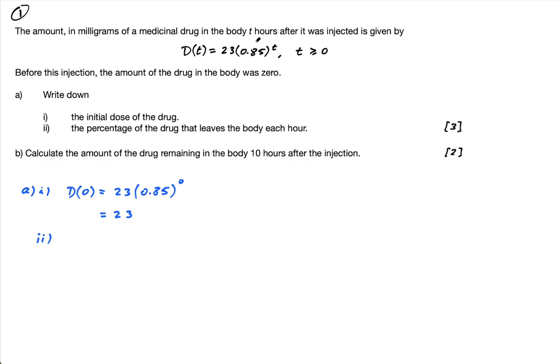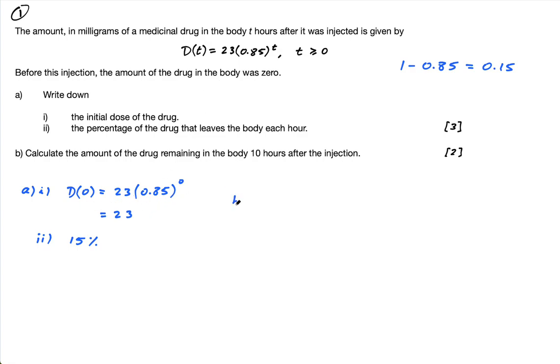If you're multiplying by 0.85, you're actually decreasing it by 0.15 or 15%. So the percentage of the drug that leaves the body is 15%, only because 1 minus 0.85 is 0.15. That's where that 0.15 is coming from. It's decreasing by 0.15 each hour, which is 15%.